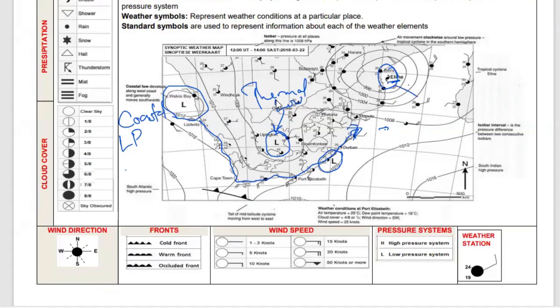This is a symbol for a tropical cyclone. If you see that symbol, it means it's a tropical cyclone. And also, something more important, we can see that there's a cold front here. This is typical of a cold front associated with mid-latitude cyclones.